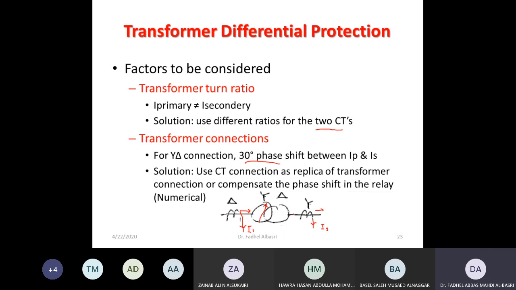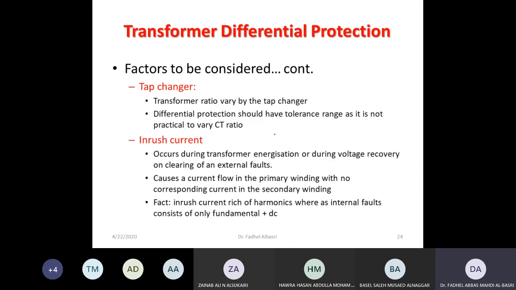But when you change the ratio, that will alter the current, so that will also create a differential current due to the tap changer, which you have covered in Power Systems 1. We have to have a tolerance so that this differential relay can still maintain its secure and accurate operation, even if you have a degree of error due to the change in transformer ratio during normal operating conditions.